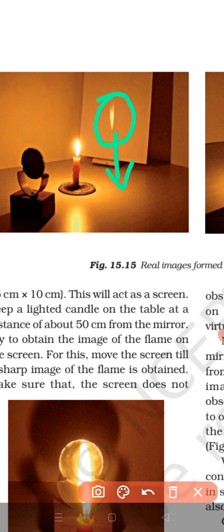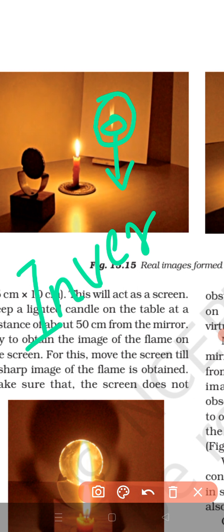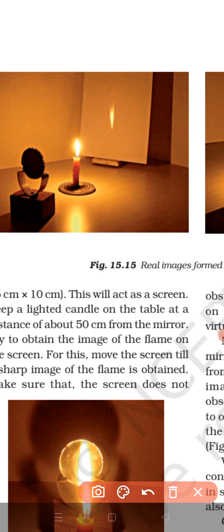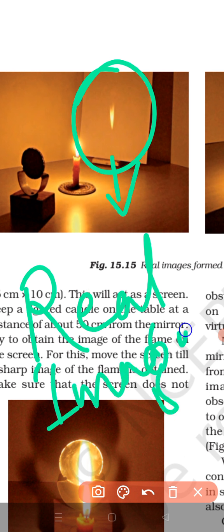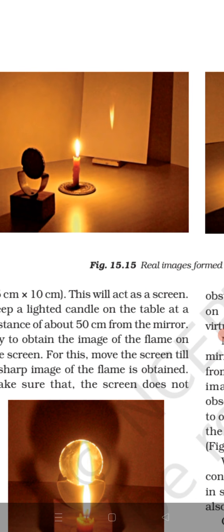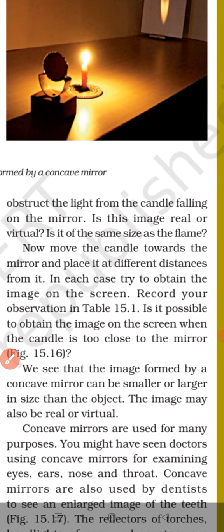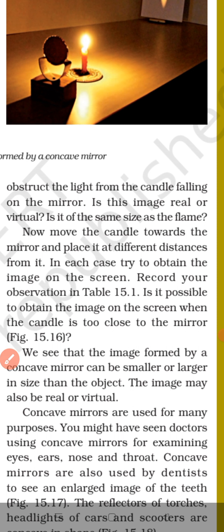So the image is inverted. And since this image is obtained on the screen, such images are called real images.